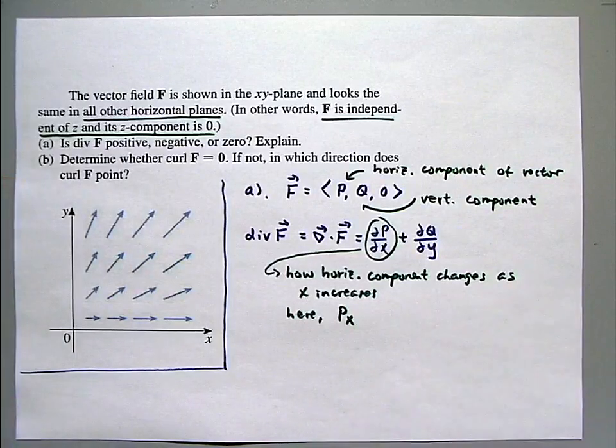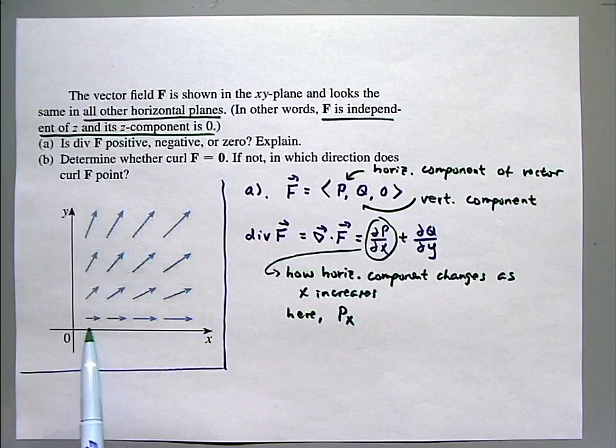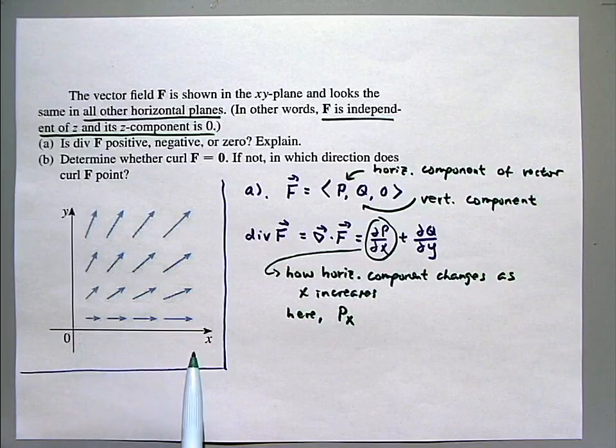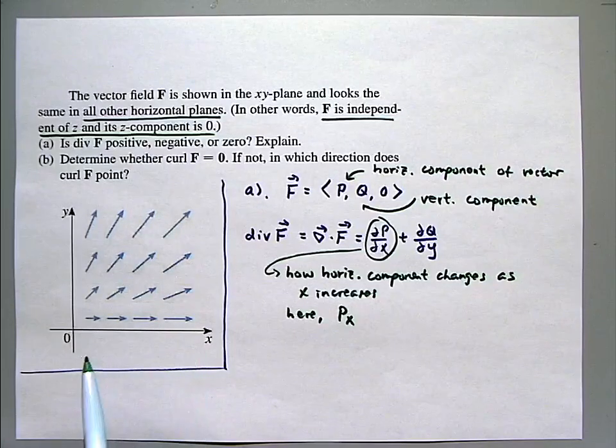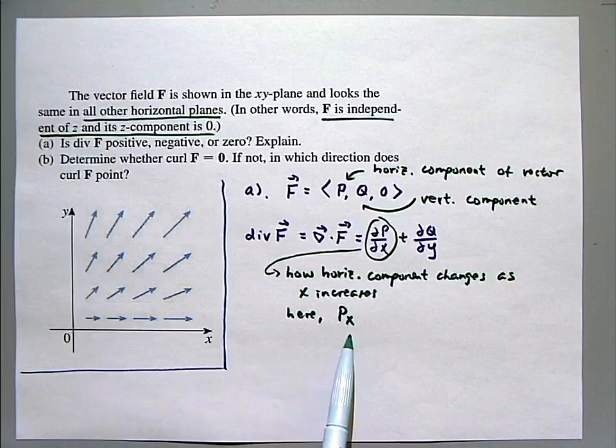So looking at this picture here, would you say that Px is positive, negative, or 0? Look at the bottom row here. As I move to the right, does the horizontal component get bigger or smaller? Bigger. So that means this must be positive, right?